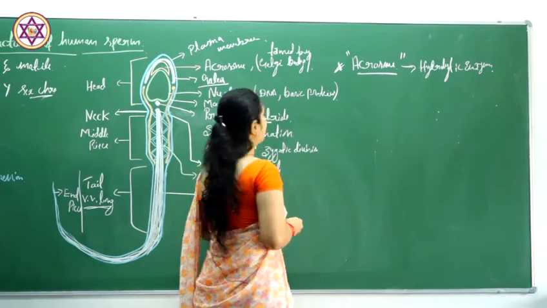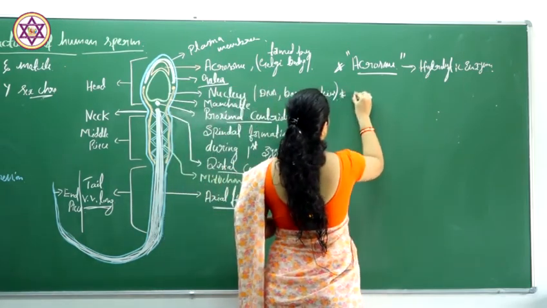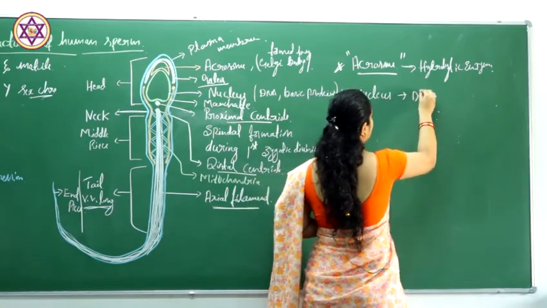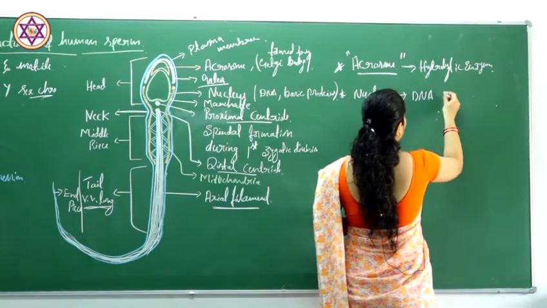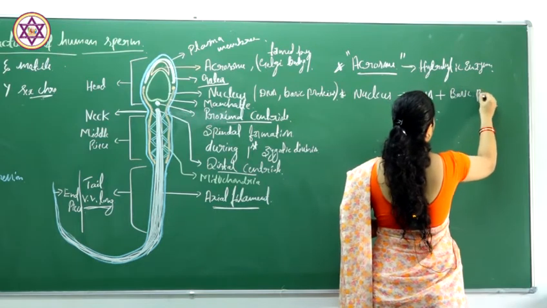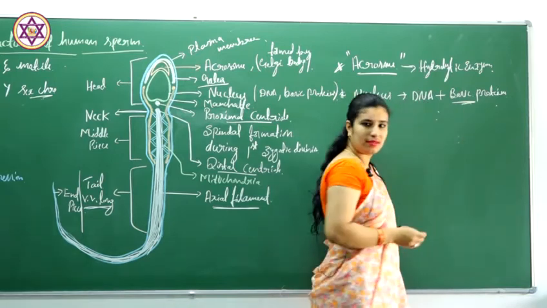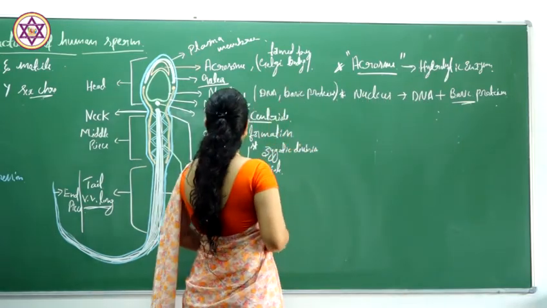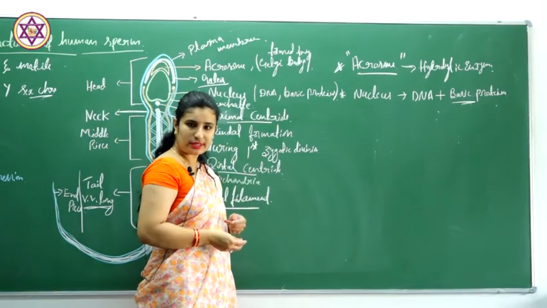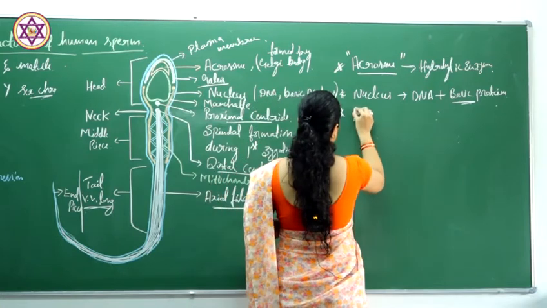Followed by that we have the nucleus. The nucleus contains DNA and the basic proteins, the genetic material. And followed by that we have the centrioles, the proximal and the distal centriole.